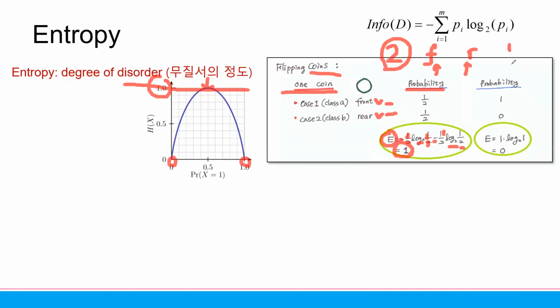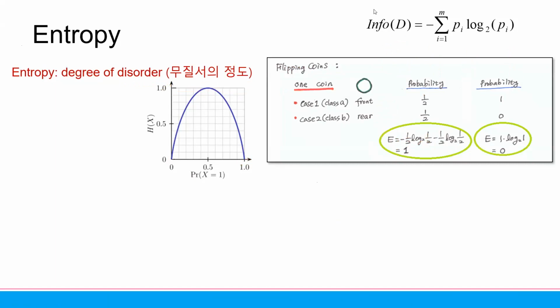Let's say another example. If I toss 2 times and front happens 2 times and rear happens 0 times, then among 2 times are front, so the probability is 1, 2 divided by 2.